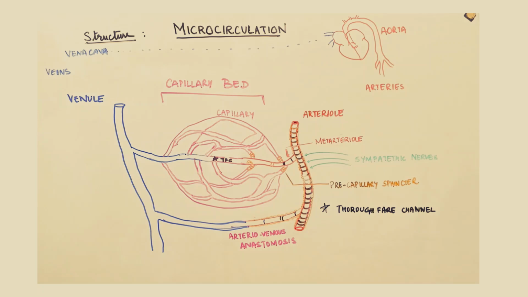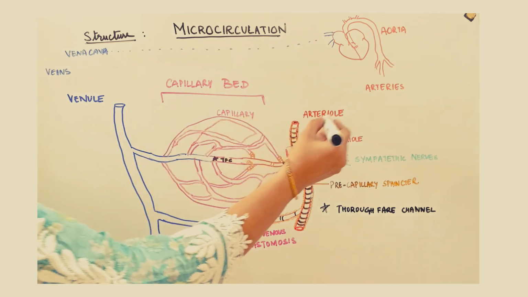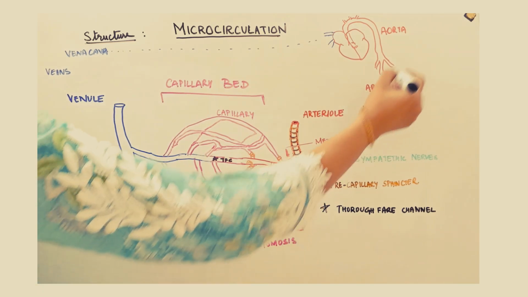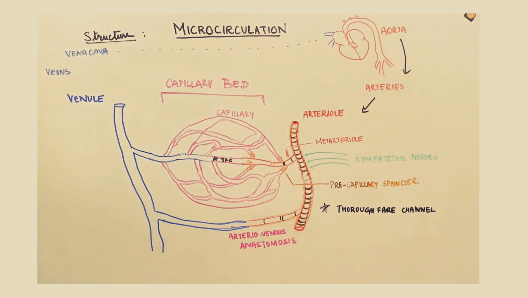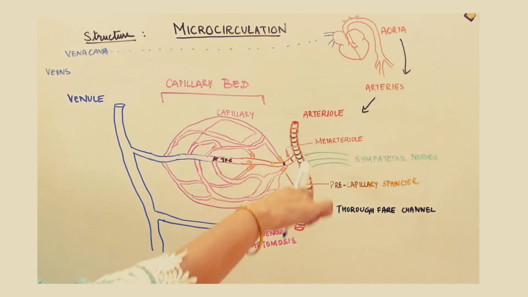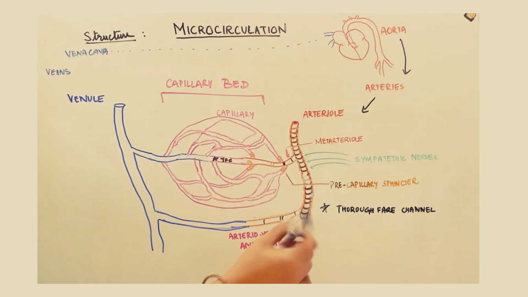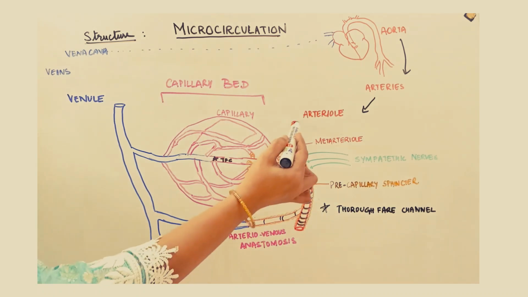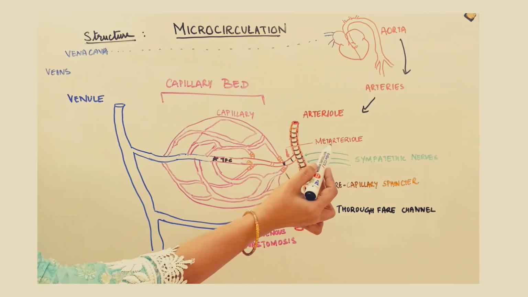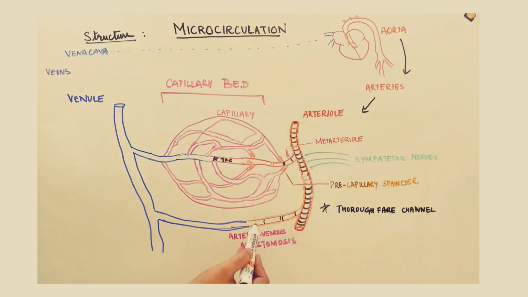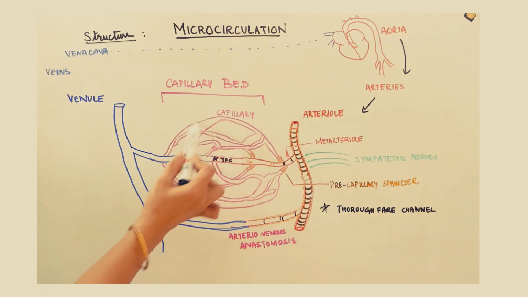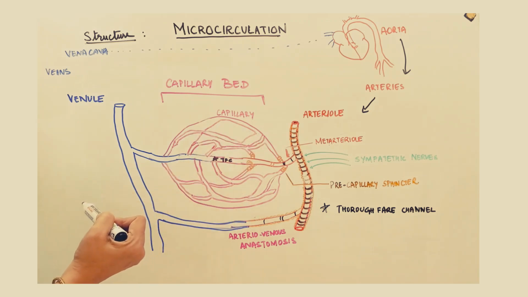The arterioles originate by branching of arteries from the aorta. The arterioles have a continuous layer of smooth muscle cells and are innervated by the sympathetic nervous system. The arterioles further branch into smaller vessels called the meta-arterioles. True capillaries, on the other hand, branch directly from the meta-arterioles.